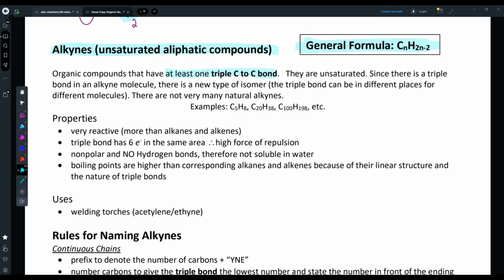So if you're comparing the boiling point of alkanes, alkenes, and alkynes, and let's say all of these compounds, the alkane, the alkene, the alkyne, all have 3 carbons in their parent chain, the alkyne will have the highest boiling point, the alkenes will have the middle boiling point, and the alkanes will have the lowest boiling point, even though all of them have 3 carbons in them.